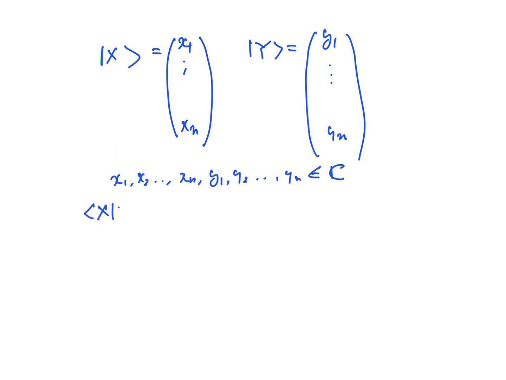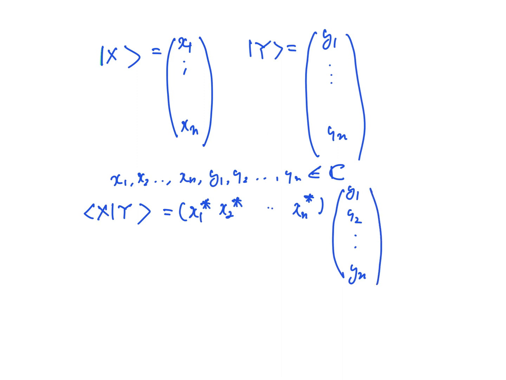Then the inner product of x and y is defined as x1 complex conjugate, x2 complex conjugate, xn complex conjugate, times y1, y2, yn. So x1 complex conjugate y1, x2 complex conjugate y2, etc., xn complex conjugate yn.